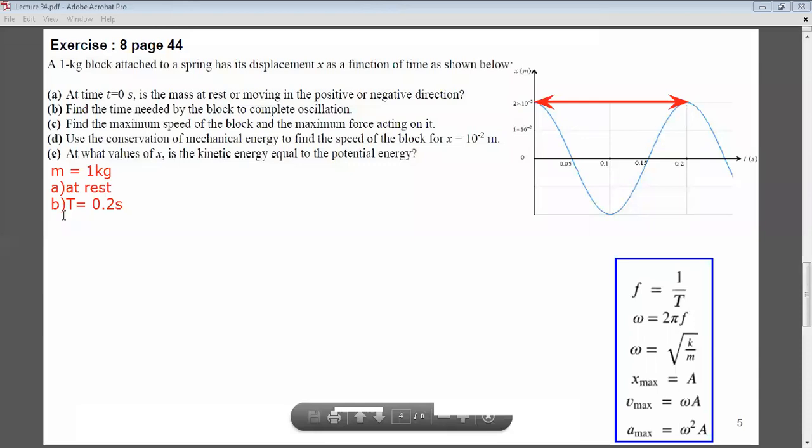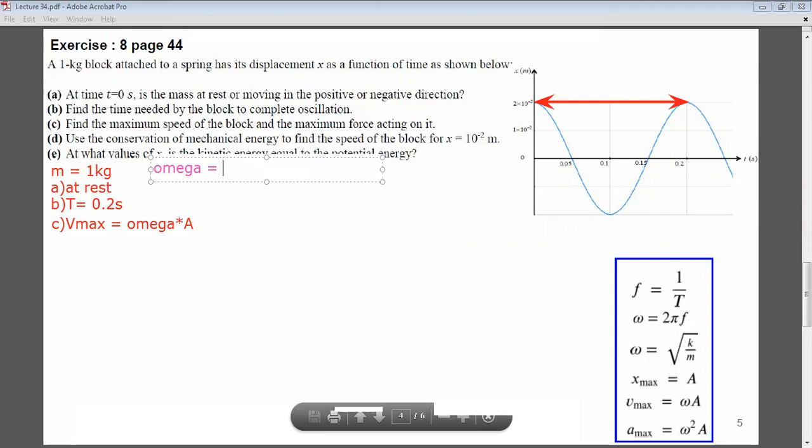Now find the maximum speed of the block. So v maximum, the formula for it is omega times A. So I have to get omega. Let's do omega here.